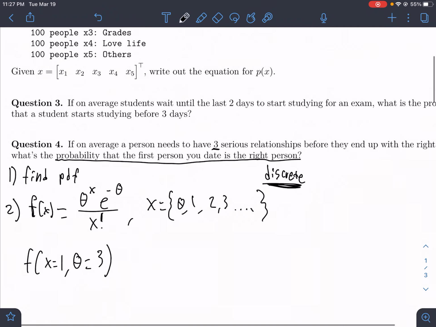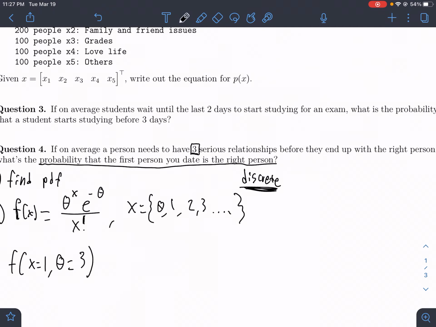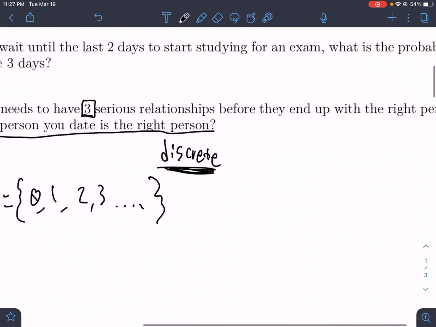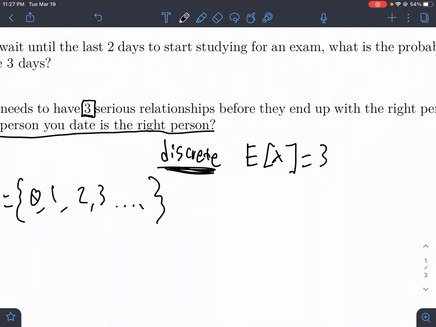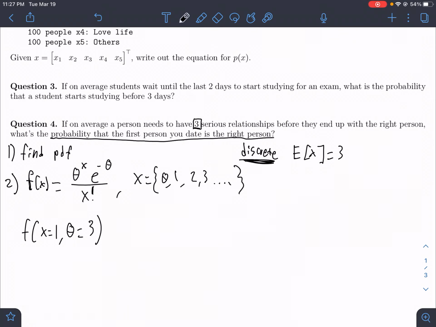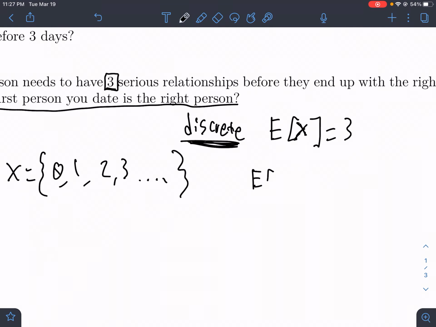Oh, I skipped that. Well, why does theta equal 3? Well, we're given 3 as our average. And just like before, we can relate our E of x to our f of x. So E of x equals the sum from 0 to infinity of x f of x.